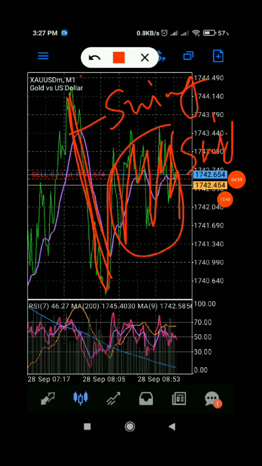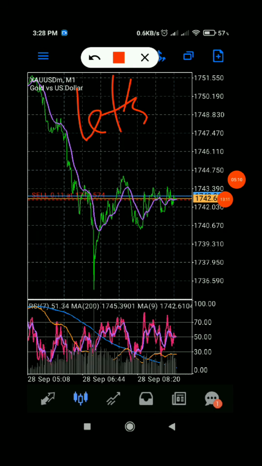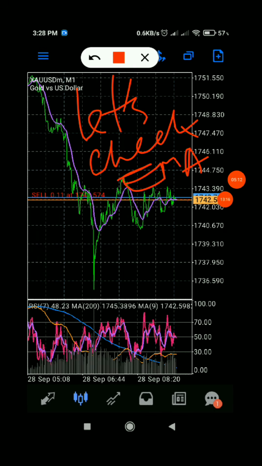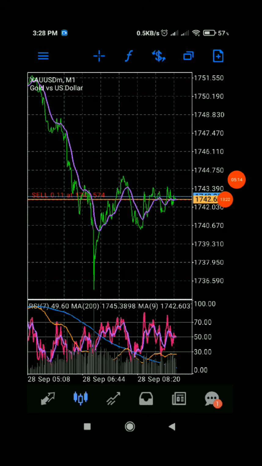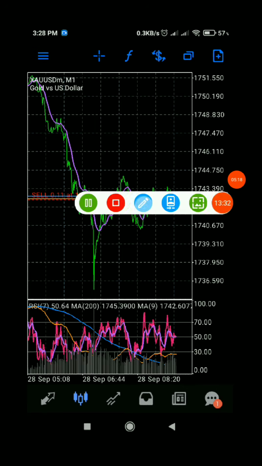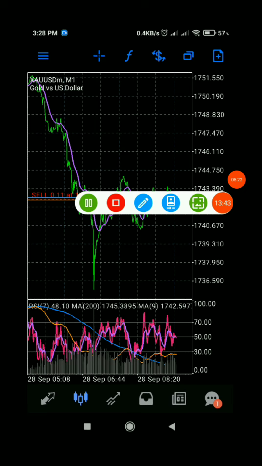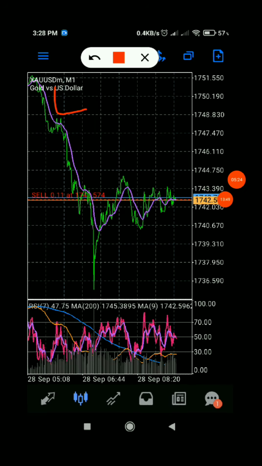When price is moving up and down, that is the swing, as you know. So let's check the EMA 20 swing, that is the violet color. Look on the screen. As you see, the violet color swing.